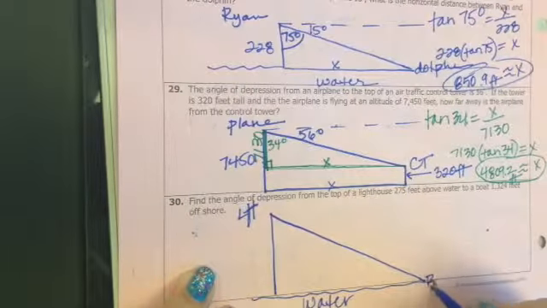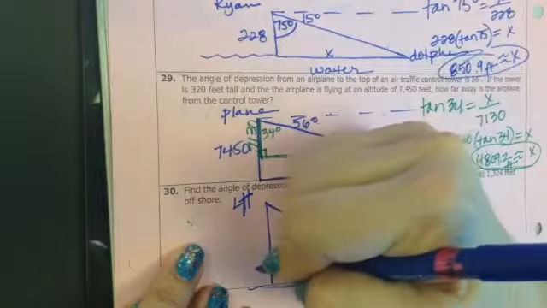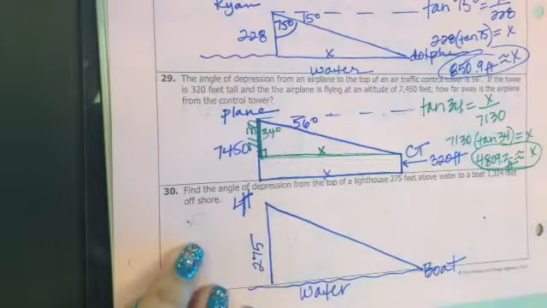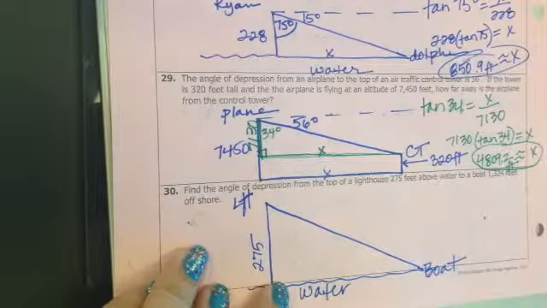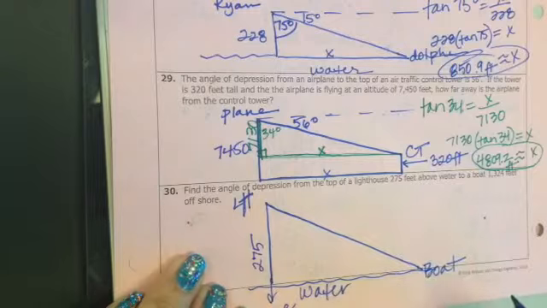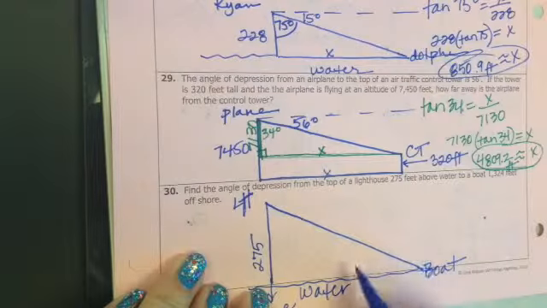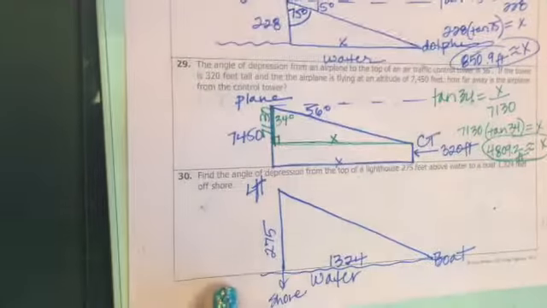Here it is. A couple things we know. The lighthouse is 275 feet. This is going to be the shore. What we know about the boat is that it is 1,324 feet offshore. So we're going to assume that it's 1,324 feet away from the lighthouse.